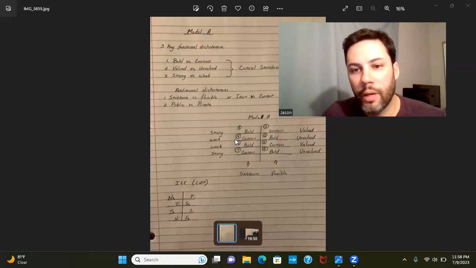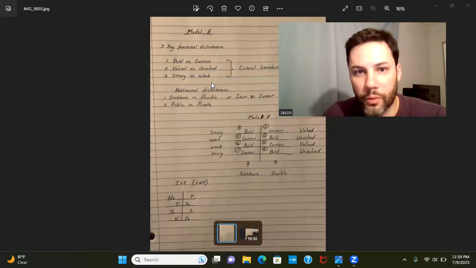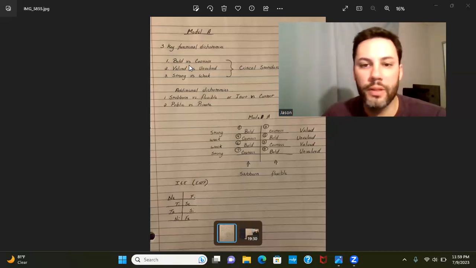Now, how do we determine where everything is going to go? Well, we have dichotomies for that. There are three main, critical dichotomies. Must-haves. Without them, you have nothing, as I said. The first one, bold versus cautious. Bold is what is standing out. What does the individual seem to be pushing out?